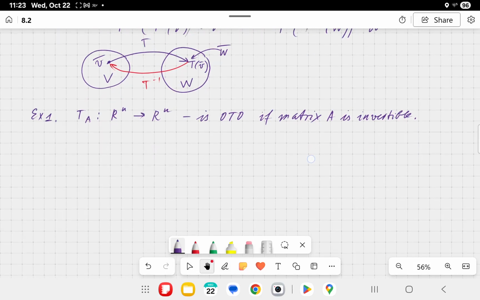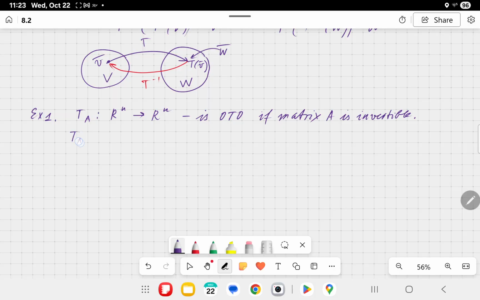If we remember, the matrix transformation TA of vector x is actually going to be A multiplied by x. And if we define T inverse of x as A inverse of x, we are going to have these cancellation equations working, right? A times A inverse is going to be the identity times x, the same vector x.